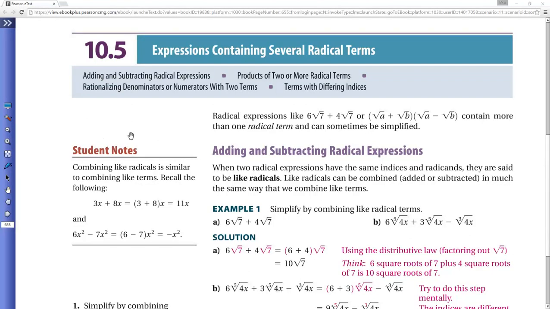Chapter 10, Section 5. We're just getting a little more complicated with the radical terms. We're going to have additions and some other stuff, products of two or more radical terms, and rationalizing denominators and numerators with two terms and terms with differing indices.